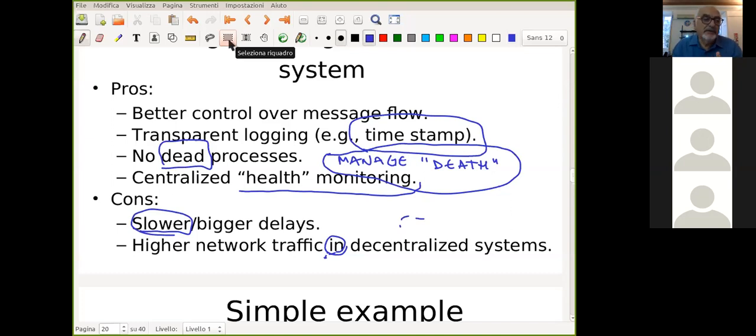And there is a category of operating systems that allows you to give the processes this capability. Very, very few operating systems. It depends on the kernel.